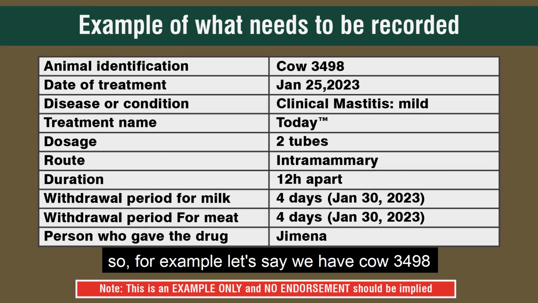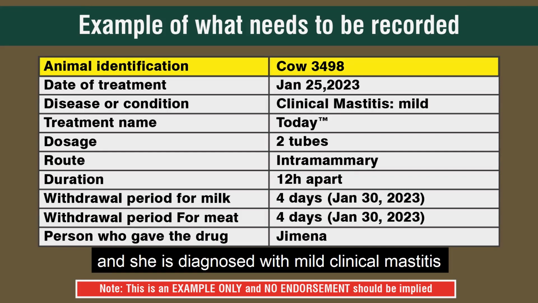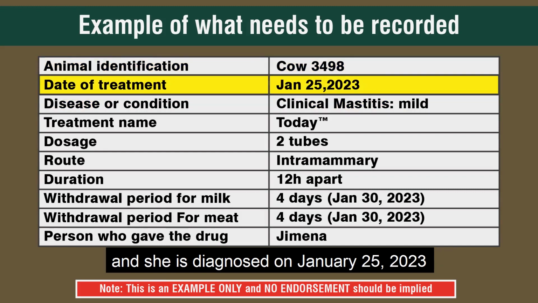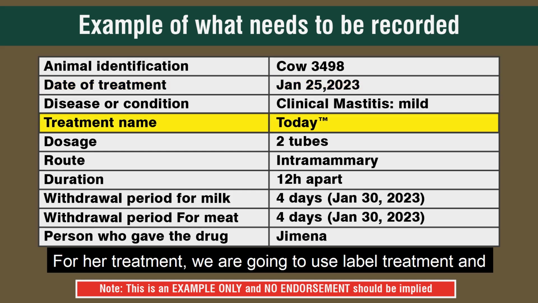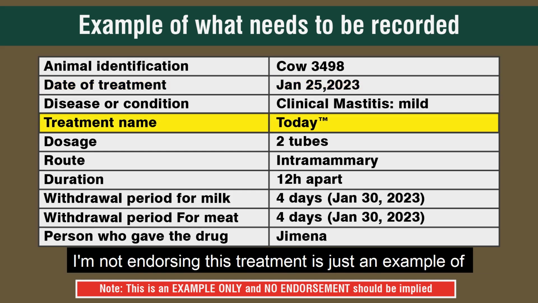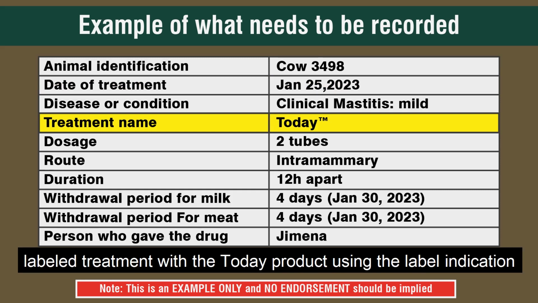So for example, let's say we've got cow 3498 and she is diagnosed with mild clinical mastitis on January 25th, 2023. For her treatment, we're going to use a labeled treatment, and I'm not endorsing this treatment. It's just an example of a labeled treatment with the Today product using the label indication.